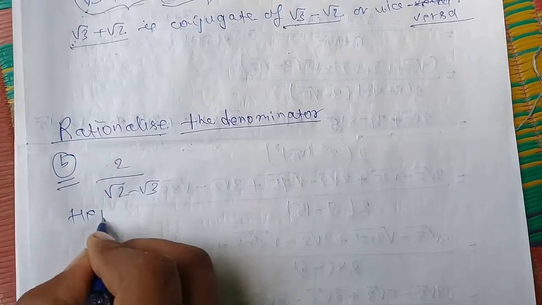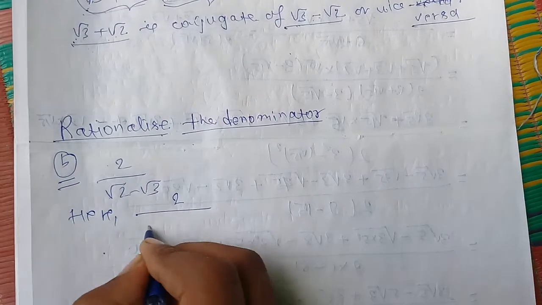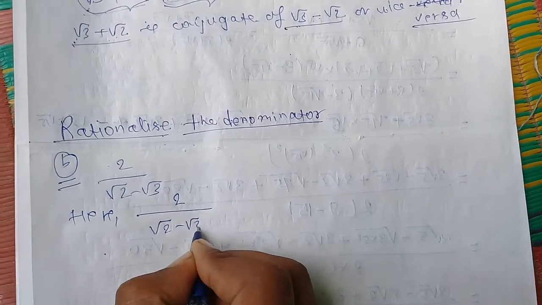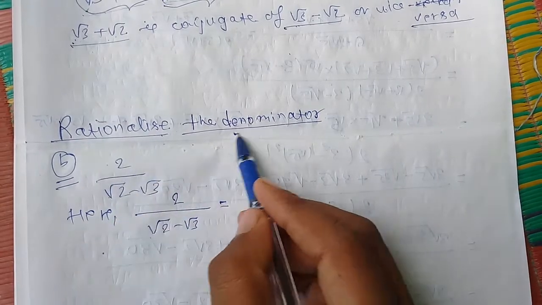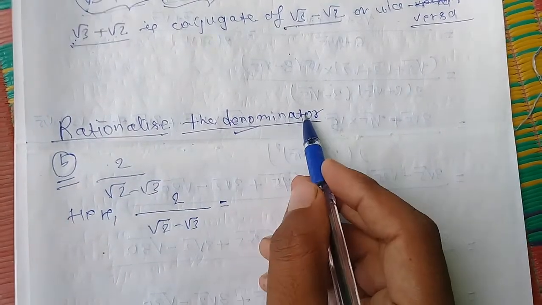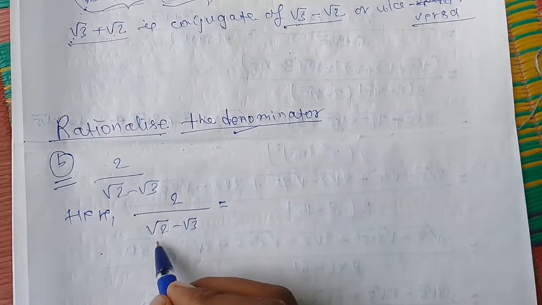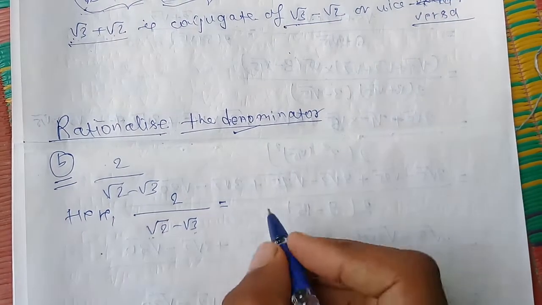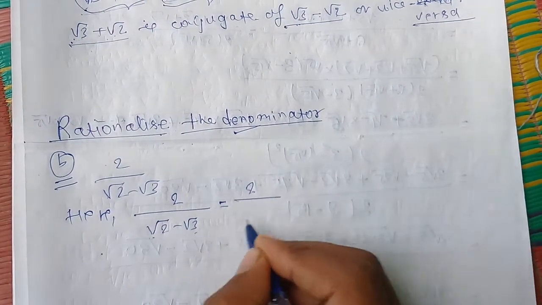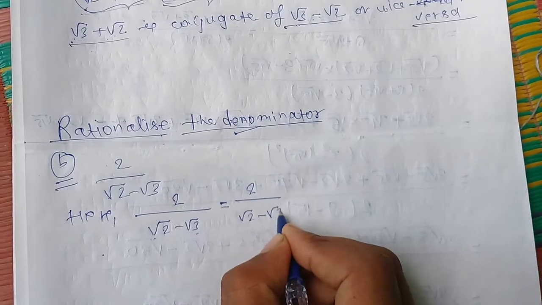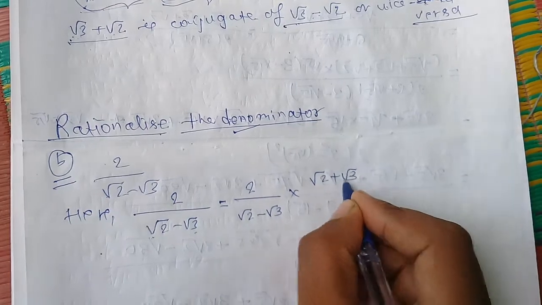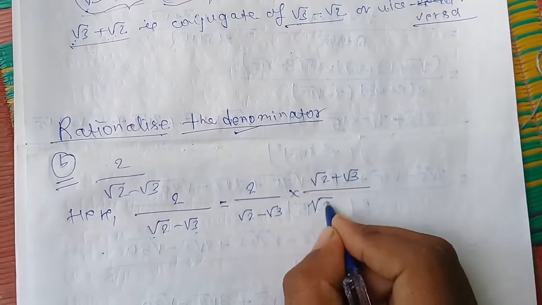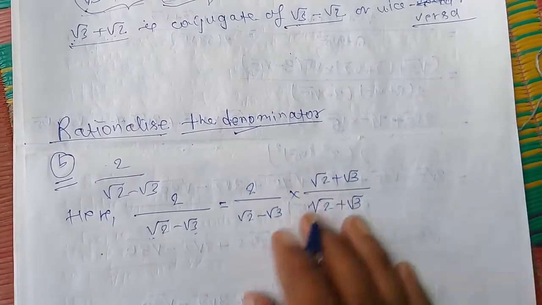So here, how to rationalize the denominator? The denominator should not have an irrational number. So multiply root 2 minus root 3 by root 2 plus root 3, divided by root 2 plus root 3.